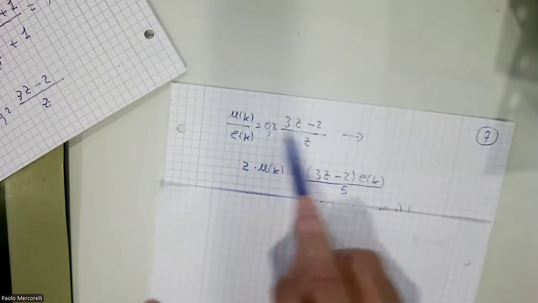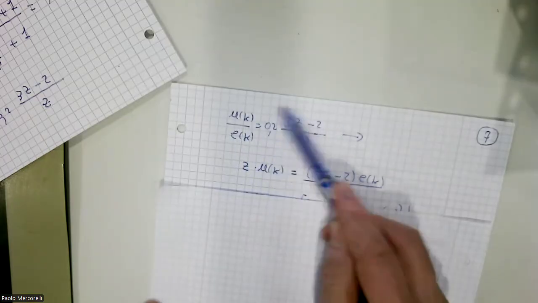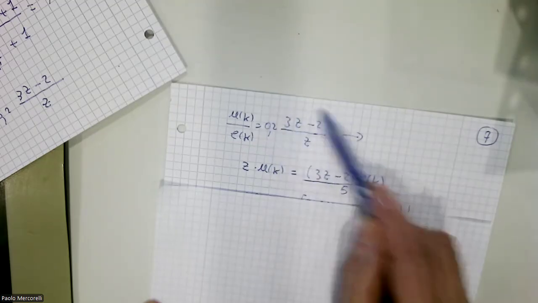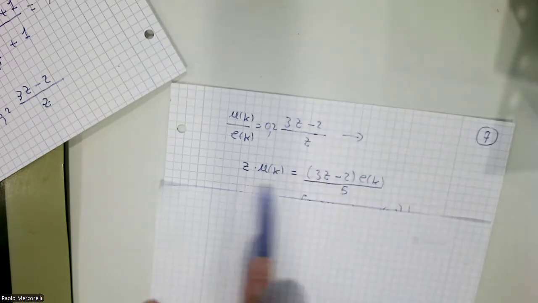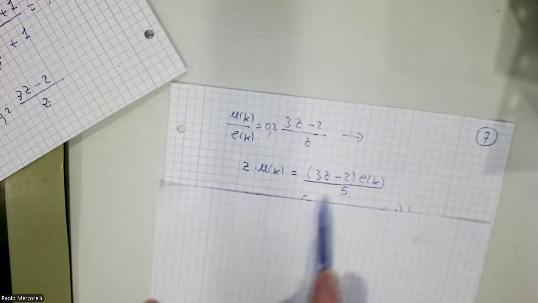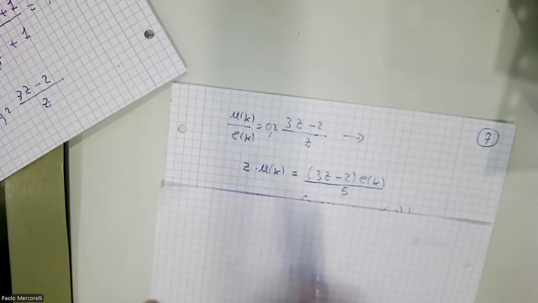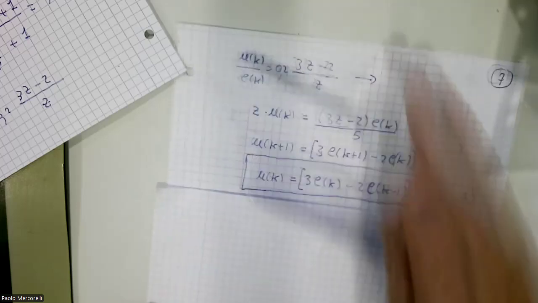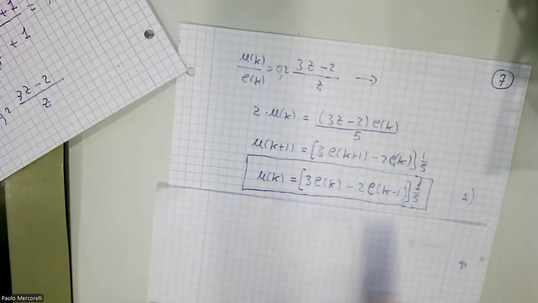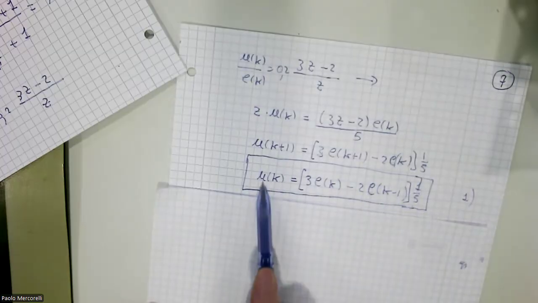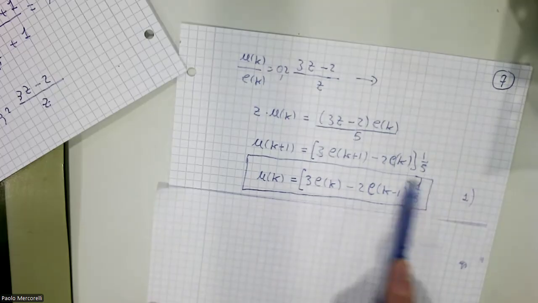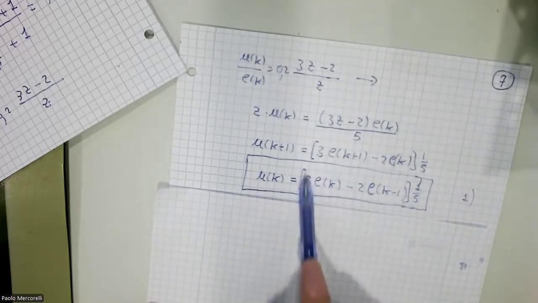The transfer function U of k divided by E of k consists of this expression. I can write it in this form, just multiplying left and right by E of k. At the end of my calculation, I have the control law. U of k has this expression. This can be implemented.